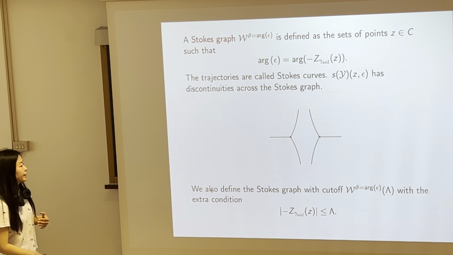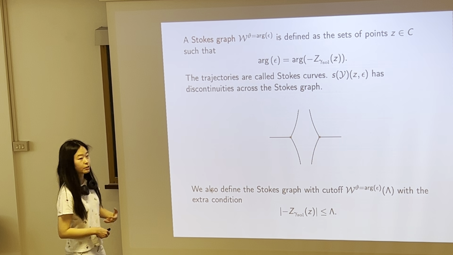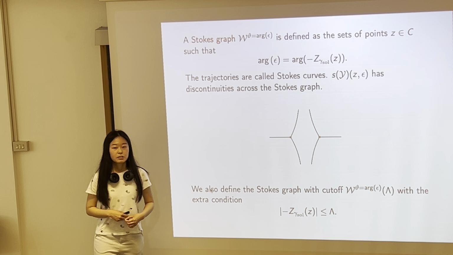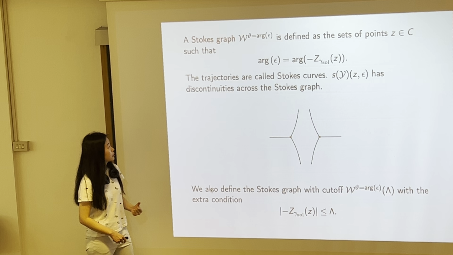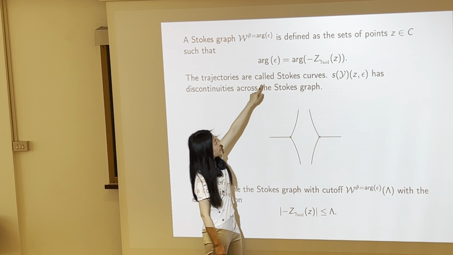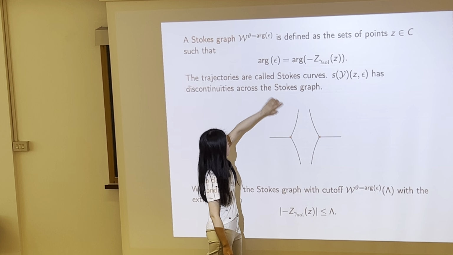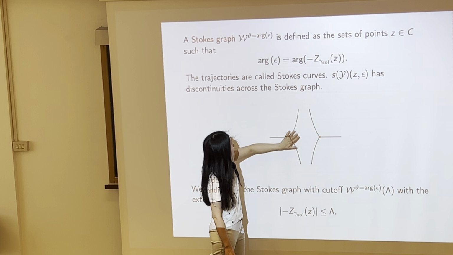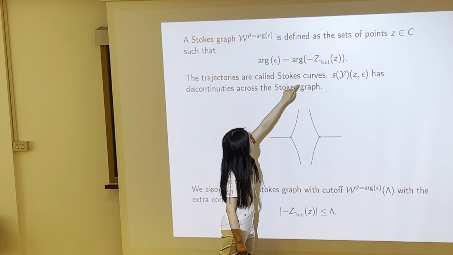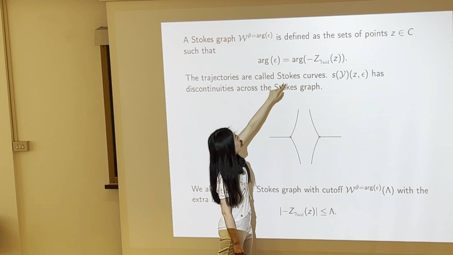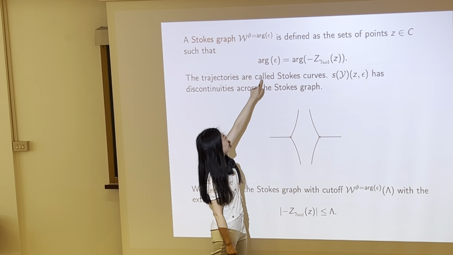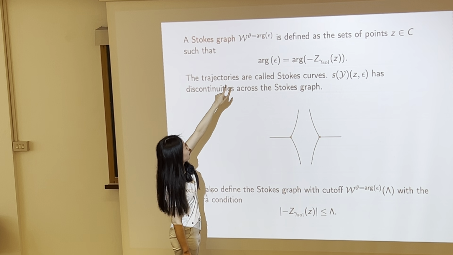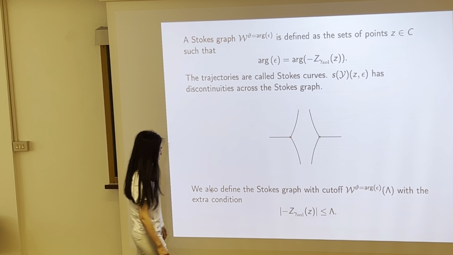Okay, and actually there is a more familiar language for describing these singularities, which is the Stokes phenomenon. So in Stokes phenomenon, we have Stokes curves defined by this condition. They are trajectories on this Riemann surface C, such that the corresponding soliton central charge, the negative of it, has the argument exactly as the argument of epsilon, which we use as a parameter for this Stokes graph.